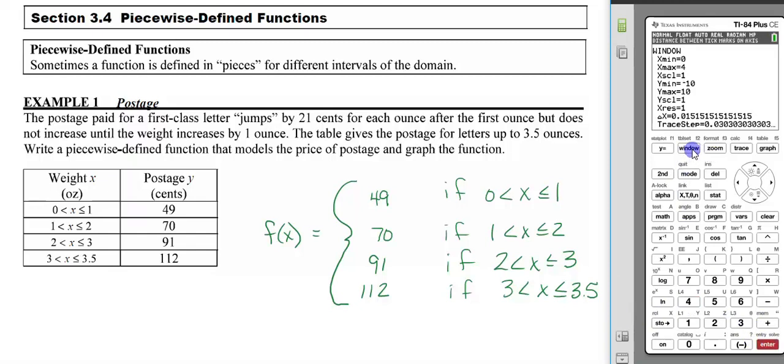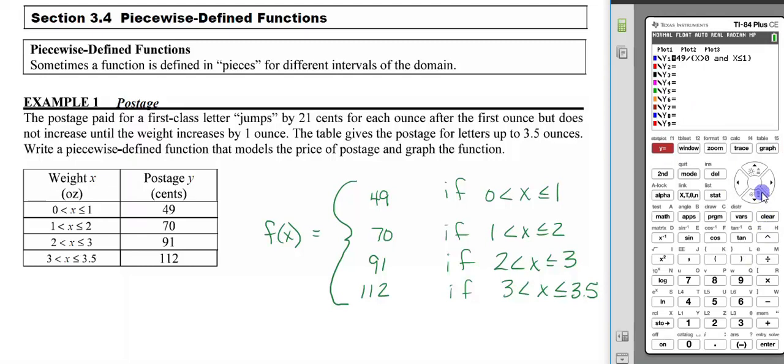And on the y, we're going to be coming from 49 cents, so let's just say a minimum of 40 and a maximum of 112 cents, so let's say 120, just so we see in the window everything we want to see, and we'll graph that. So what it does is it graphs only that flat constant line from between 0 and 1.